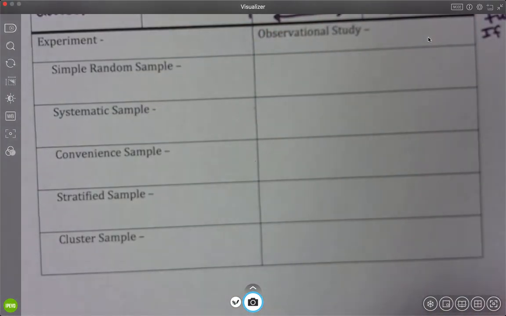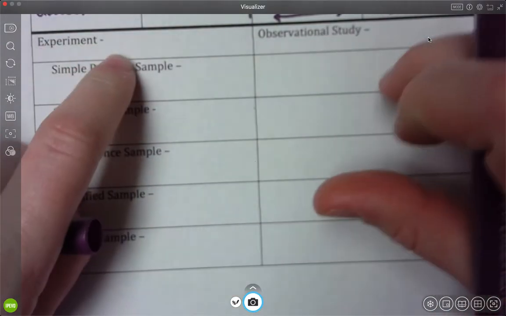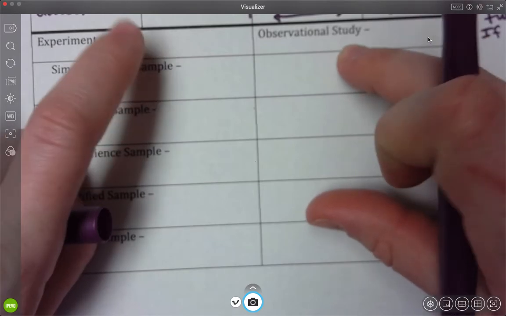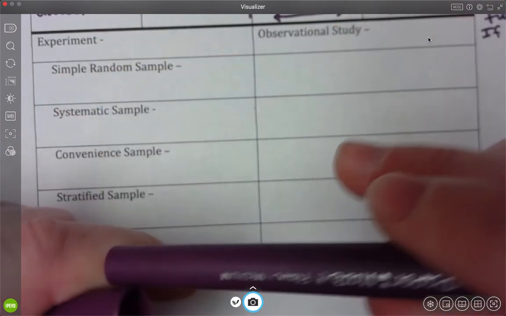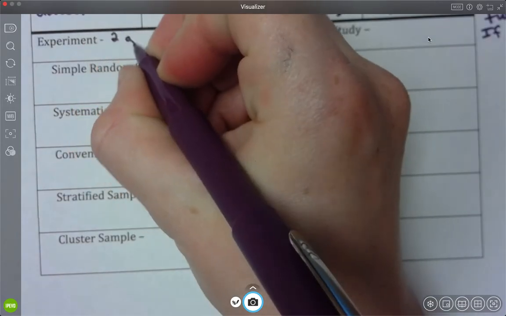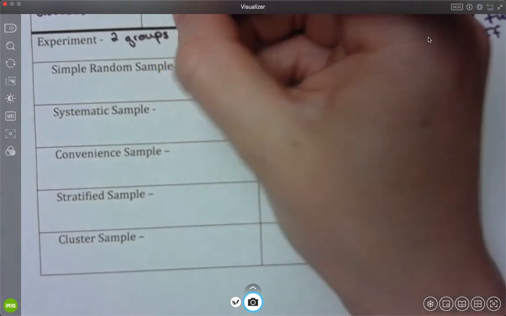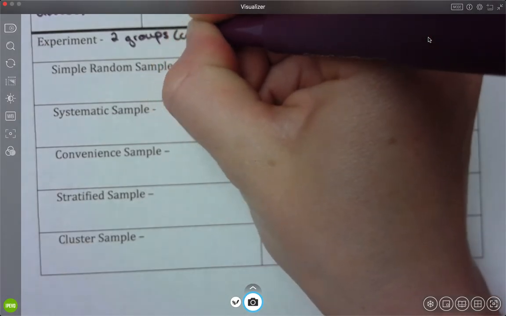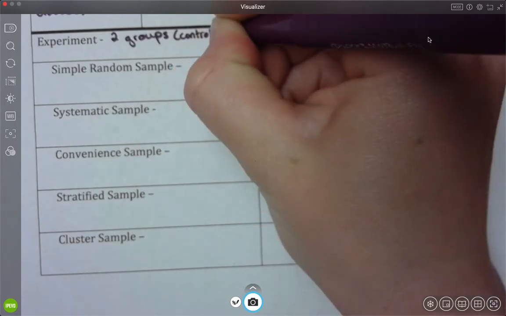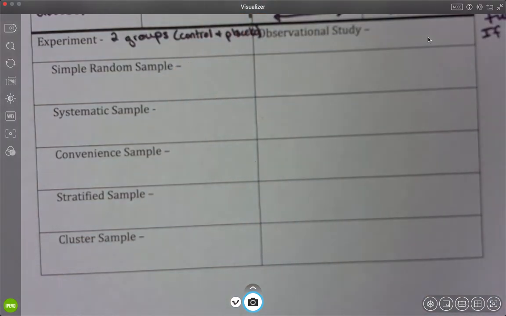So before we do the types of sampling, let's talk about experiment versus observation. So in an experiment, you have two groups. One that is the control and a placebo group. Okay, so you have a control group and a placebo group.